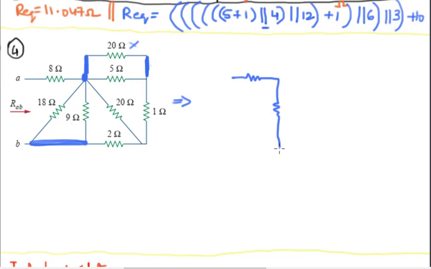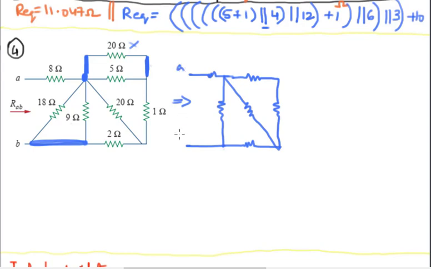1 ohm is going to be there. This diagonal 20 ohm is going to be there. This 2 ohm resistor is going to be there. And in place of 9 and 18 ohms, imagine that 18 ohms is gone and you have just one resistor, which is the parallel combination. And finally on the left hand side at the top you have 8 ohms, and at the bottom you have this line.